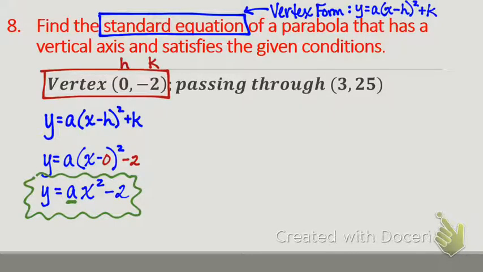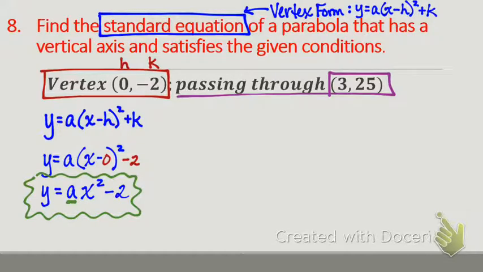This is where that other point comes in. When it said find the equation for any parabola with this vertex, that's how we left it. But now I don't want the equation for any parabola. I want to make sure that this parabola goes through the point (3, 25). What pieces of information are they telling me when they give me an ordered pair?